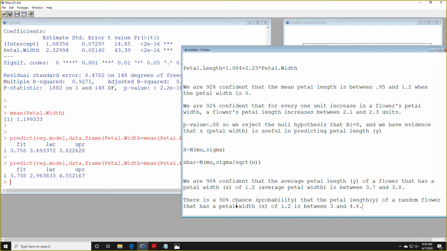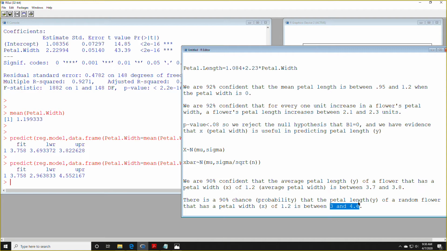So basically, based on the model, 90% of flowers that have a petal width of 1.2 have petal lengths between 3 and 4.6. So if we pick out a single flower that has this petal width, then there's a 90% chance that it's going to have a petal length between 3 and 4.6, because 90% of the flowers do, okay?